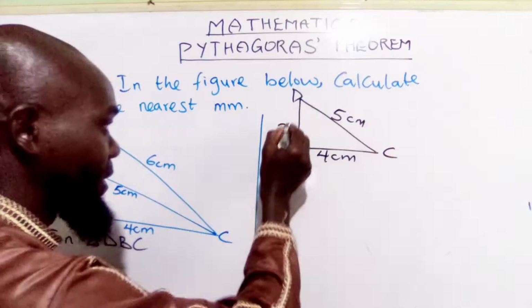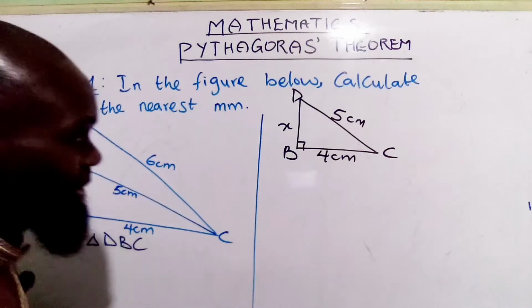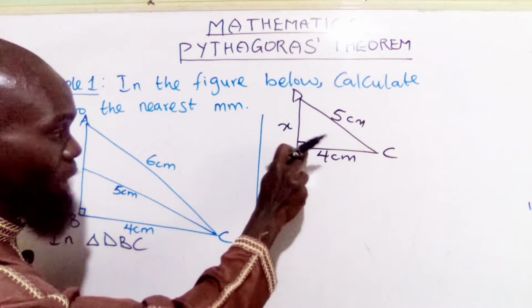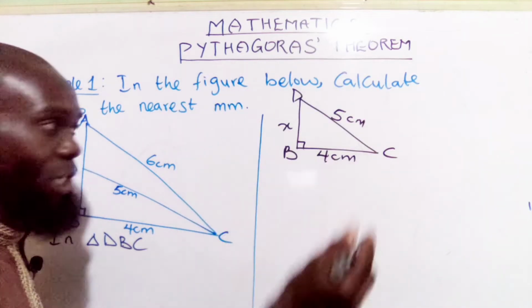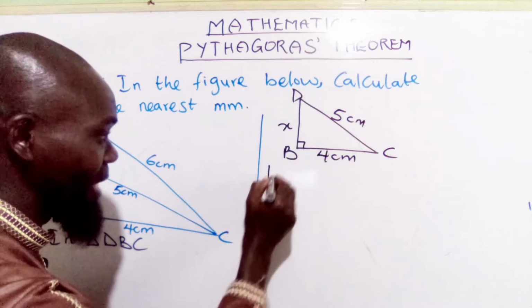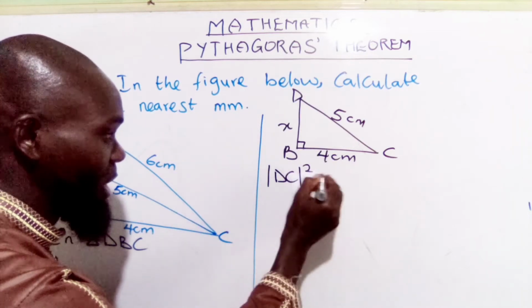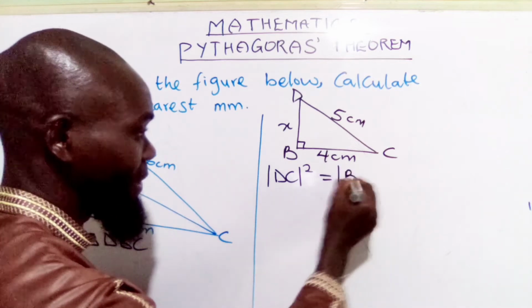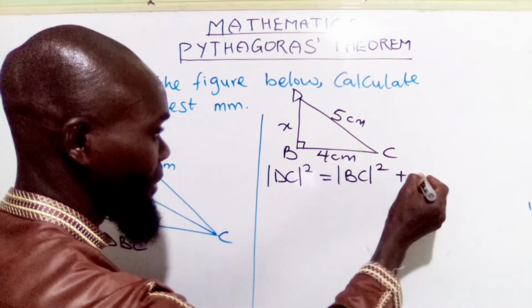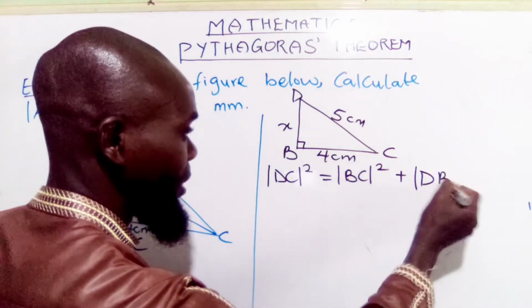Let's call it X. Don't forget this box where it's facing is our hypotenuse side. So Pythagoras theorem states the square of the hypotenuse side, line DC squared, equals the sum of the squares of the two opposite sides, line BC squared plus line DB squared.